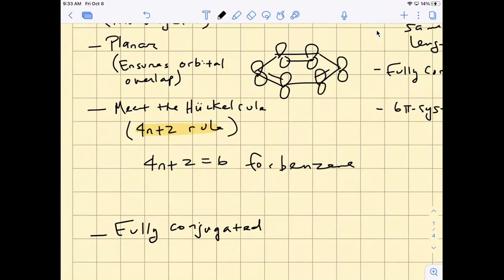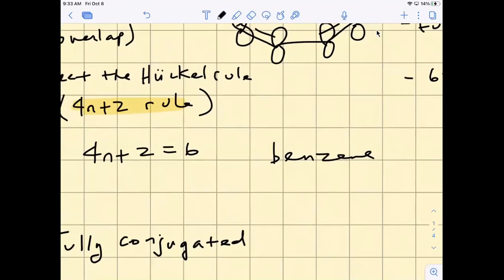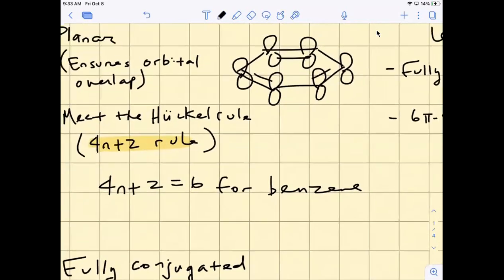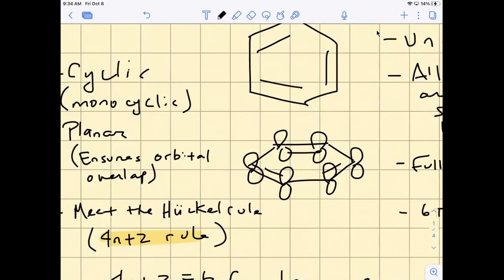Are y'all following that? Can you repeat that one more time? So for the pi electrons, every double bond has 2 pi electrons, right? So if you've got 3 double bonds, as we do in benzene, that means you have 6 pi electrons, right? Because each pi bond is made up of 2 electrons. Okay, thank you.